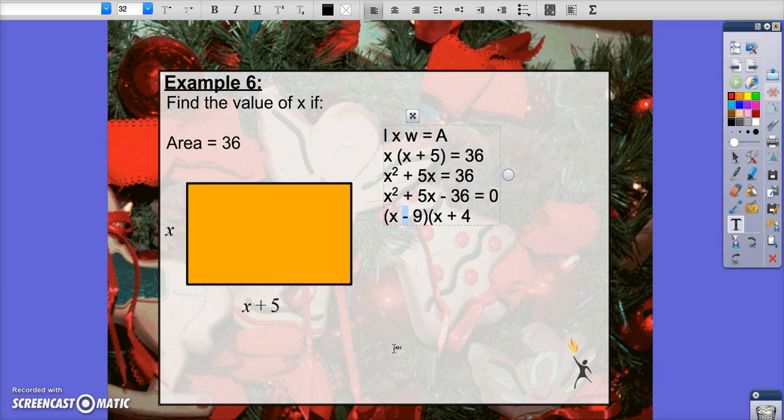So it should be plus 9, I wrote the wrong one here, minus 4, because 9 minus 4 is positive 5.